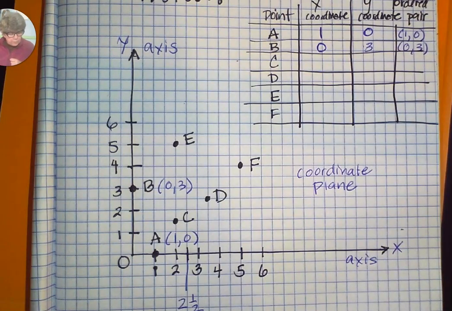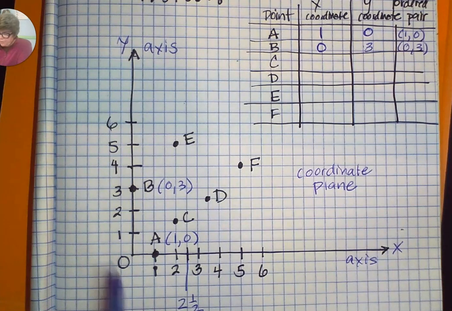All right, ordered pair for G is 0, 6. We don't even have a G on here yet. All right, we're going to be putting it on here, and it's 0, 6. So I know that it has an x coordinate of 0.